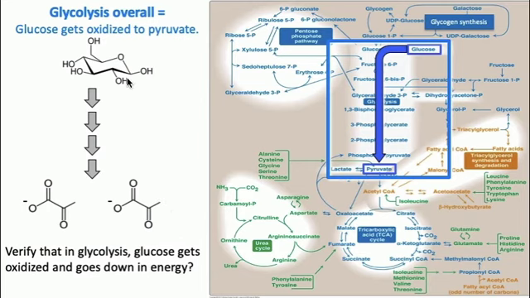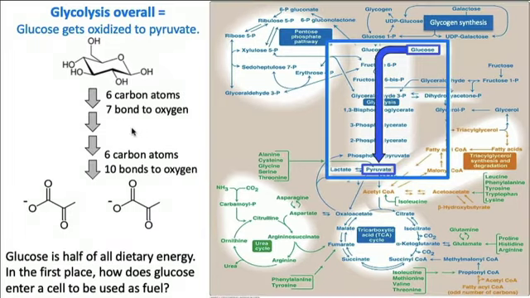Then we look at the number of carbon to oxygen bonds. 1, 2, 3, 4, 5, 6, 7 carbon to oxygen bonds. And we look in pyruvate. 1, 2, 3, 4, 5, 10. So we went from 7 bonds to oxygen to 10 bonds to oxygen. So glucose absolutely was oxidized in order to become 2 pyruvate molecules.